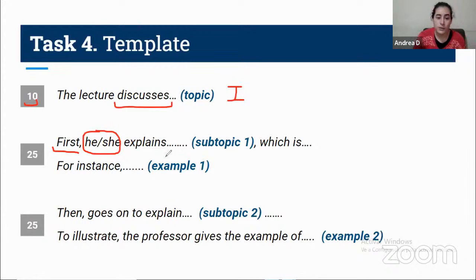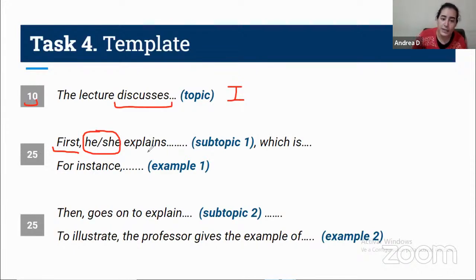I think I forgot to mention, but when you're taking notes, as soon as you hear the professor and notice if it's female or male, make sure that you also write down the pronouns. If it's a female professor, write down she so that you can remember what the pronoun is. And if it's a male professor, you write down he, right? So you don't get mixed up later. In this case, we're going to use she.